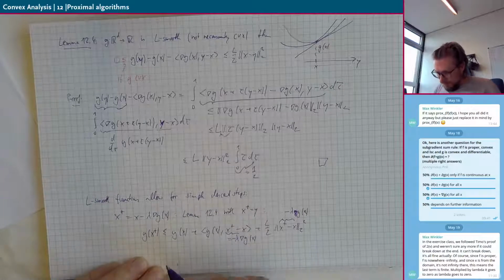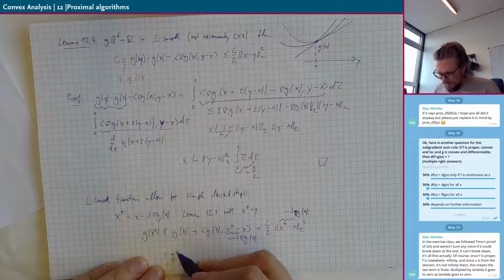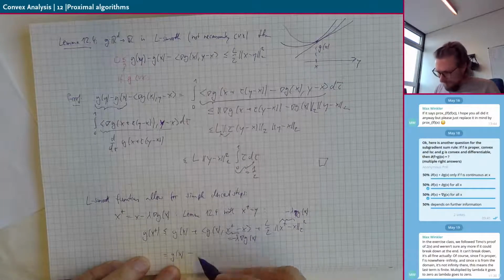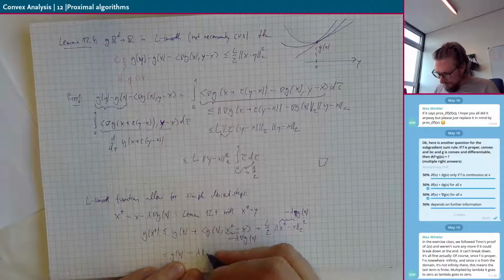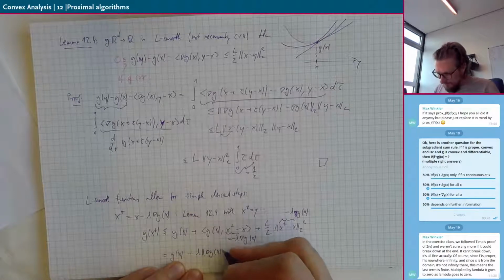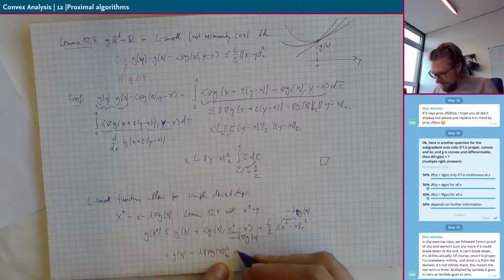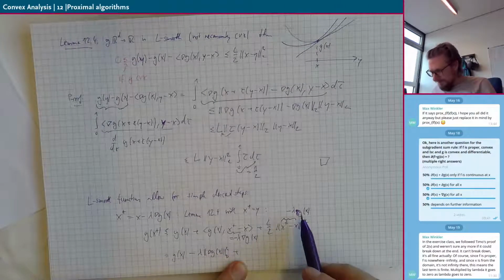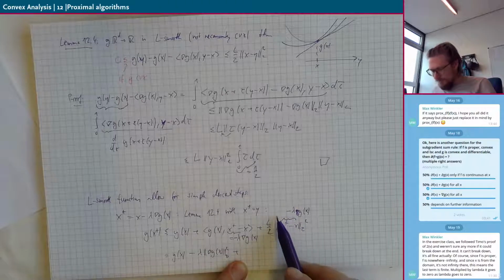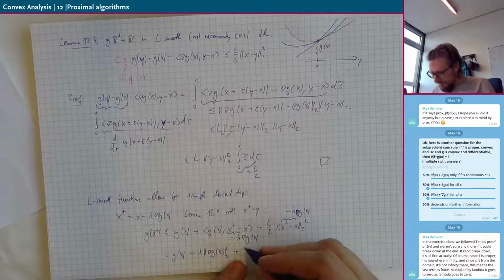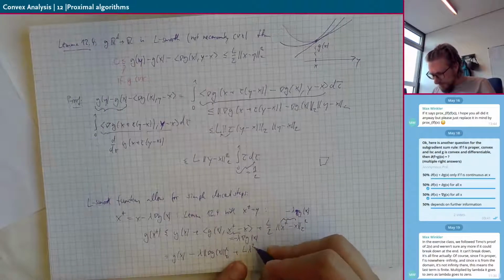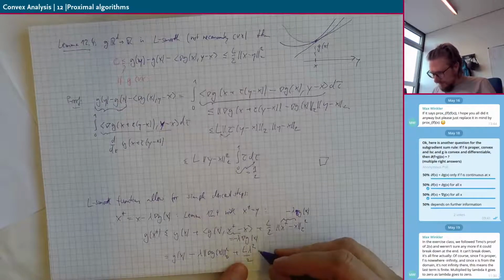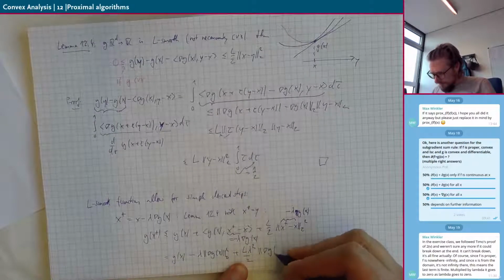So in total, this is g of x, this gives you minus lambda norm of the gradient squared, plus, here lambda goes out quadratically, but the minus sign is gone, but still it's L times lambda squared over 2, and then the norm of the gradient g of x squared.